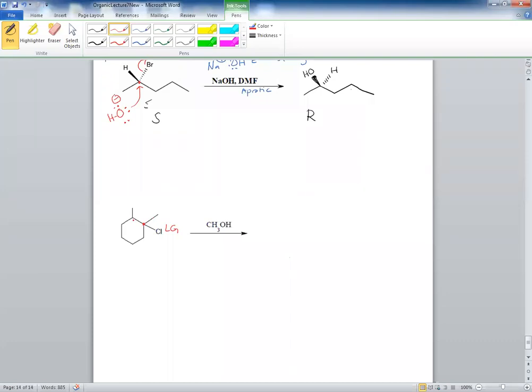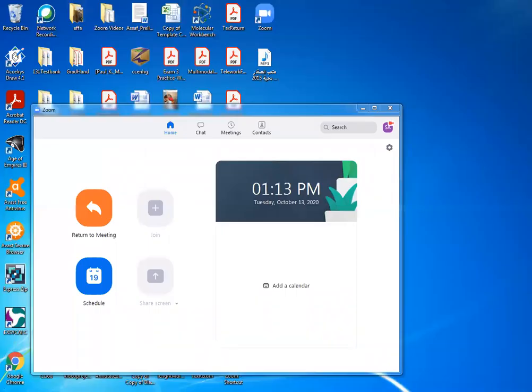Well, this sp3 is attached to 3 other carbons. Here's 1, there's 2, there's 3. We know that tertiary carbons and SN2 don't go together, so we must have an SN1.